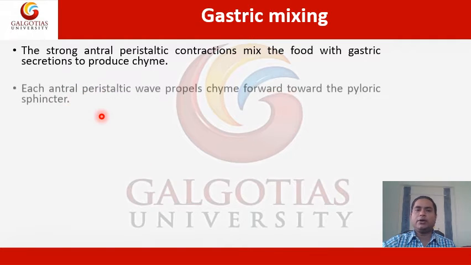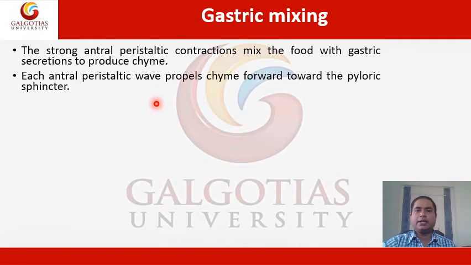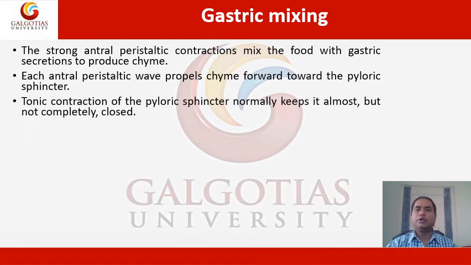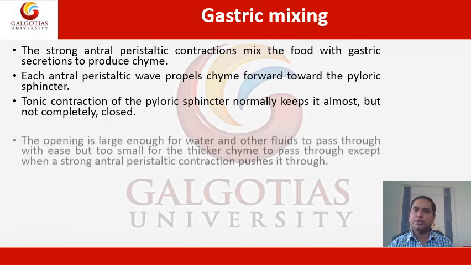The tonic contraction of the pyloric sphincter normally keeps it almost but not completely closed. The opening is large enough for water and other fluids to pass through with ease, but too small for the thicker chyme to pass through, except when a strong antral peristaltic contraction pushes it through.